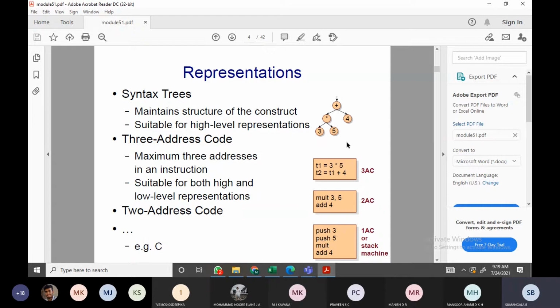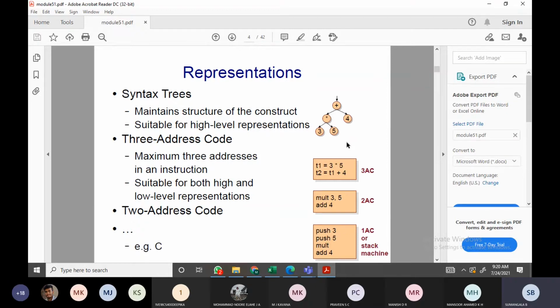But if you have a code generator, the code you have written in 4 languages will all be converted into one intermediate code, and that same intermediate code can run on the different machines.